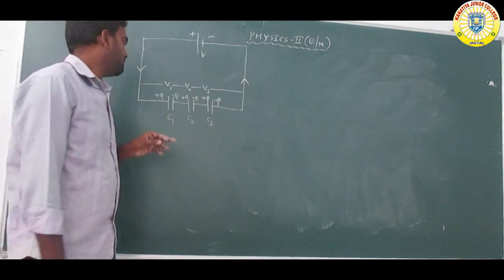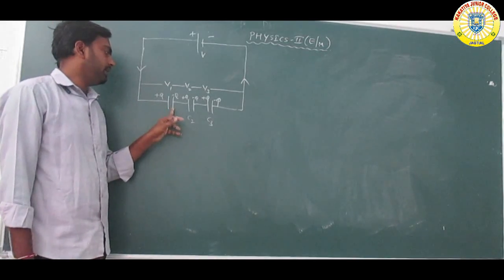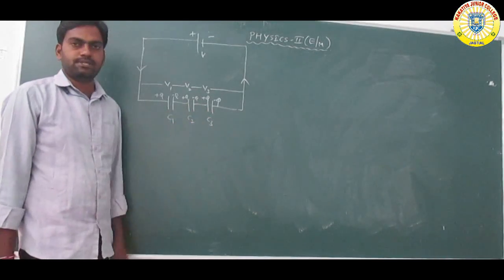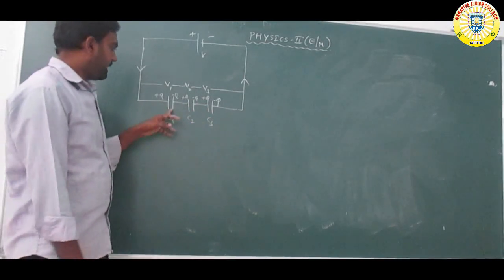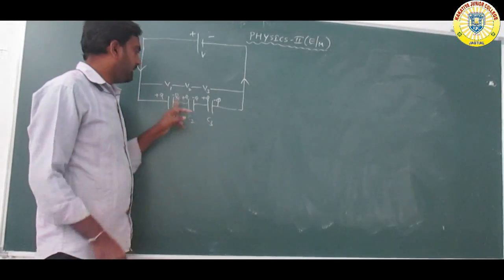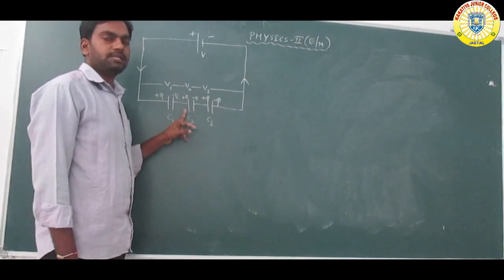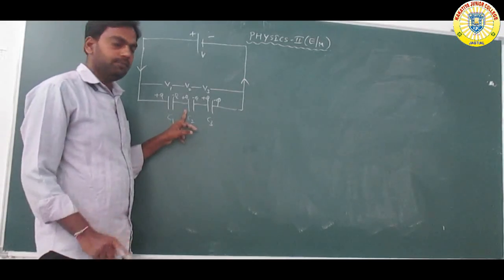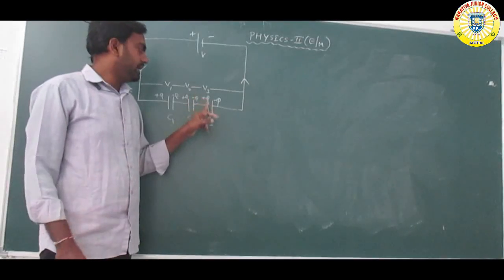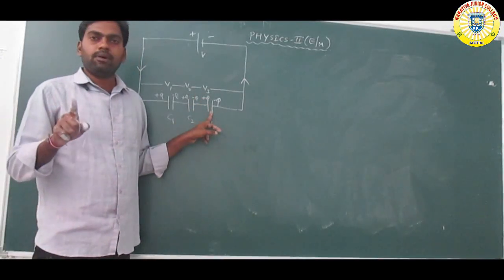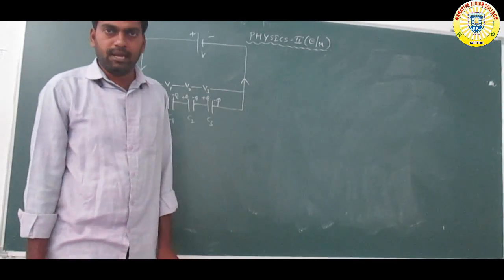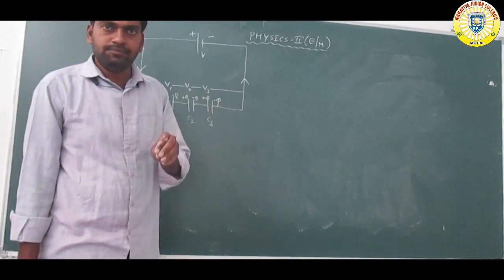Now see here: first plate and second plate, first plate, second plate, first plate, second plate. The second plate of the first capacitor is connected to the first plate of the second capacitor, and the second plate of the second capacitor is connected to the first plate of the third capacitor, and so on.